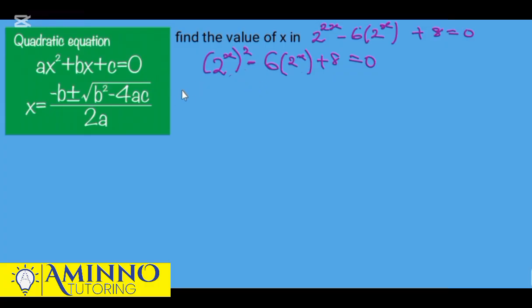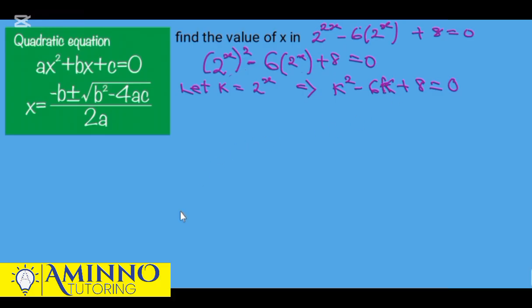Now moving forward, we can say let k be equal to 2^x. If that happens, it implies that this equation will become k^2 minus 6k plus 8 equals 0.